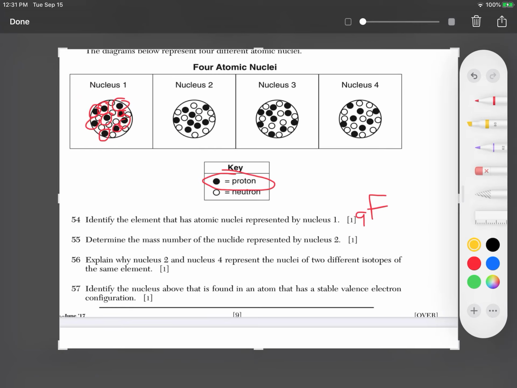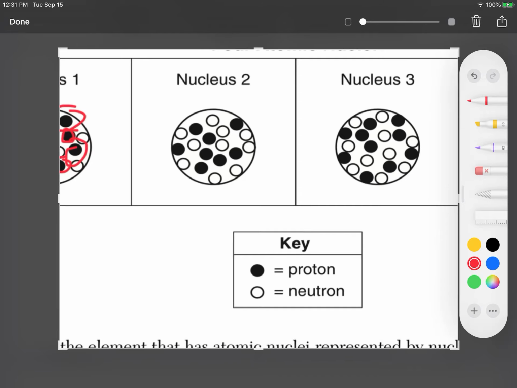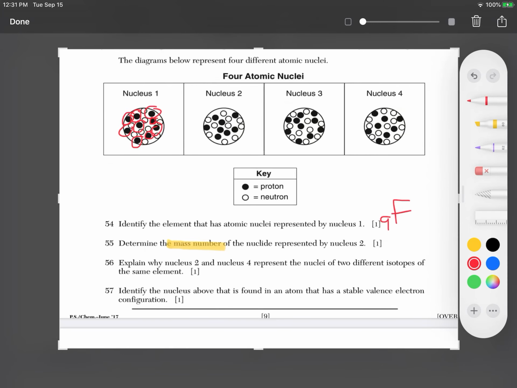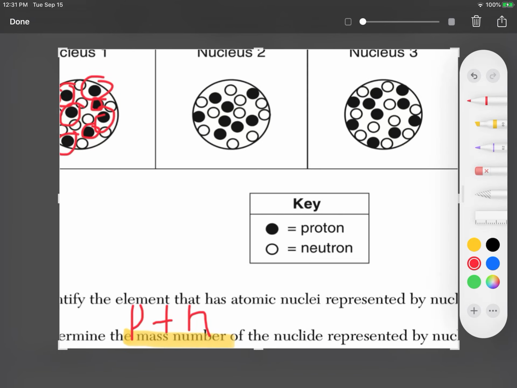Number 2 says over here, determine the mass number. Mass number or atomic mass or nucleon is the same thing. Represented by nucleus 2. So let's go to nucleus 2, guys. Here's nucleus 2. Well, first of all, we said the mass number is the protons plus the neutrons. So that means we need to count all the circles in here, the white and the black, because that represents both protons and neutrons.